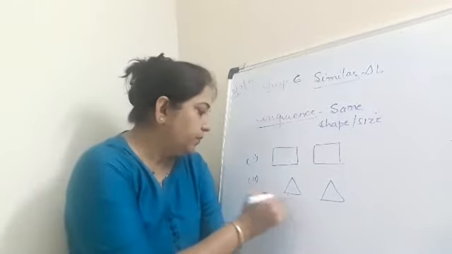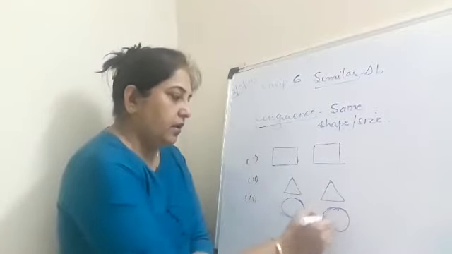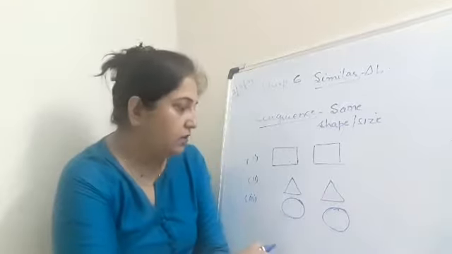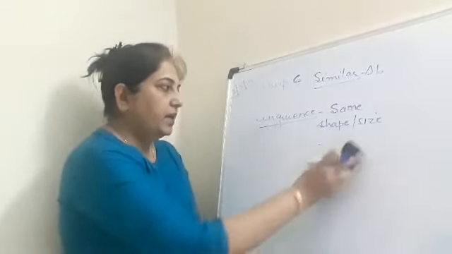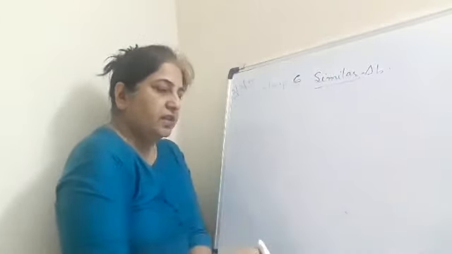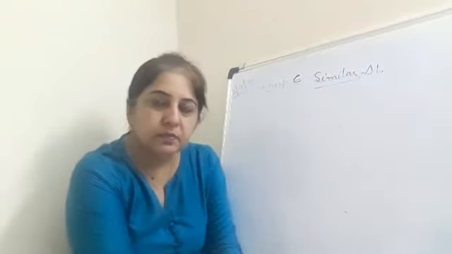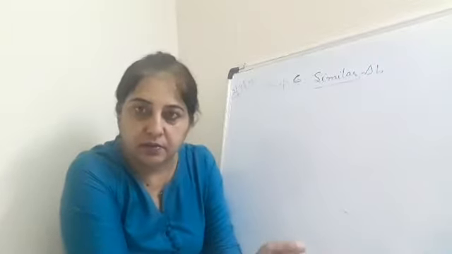Then one more: if I take two circles with the same radii, they will be congruent to each other. So you all know the meaning of the word congruence. I repeat, congruent figures are those which have exactly the same shape and size, and when they are superimposed on each other, they will exactly cover each other.